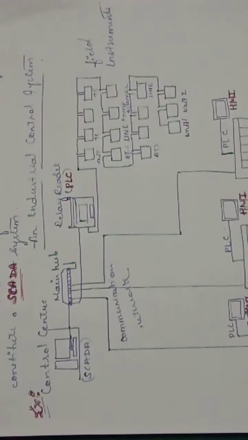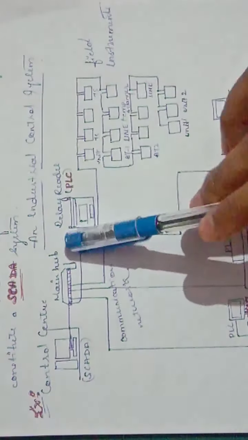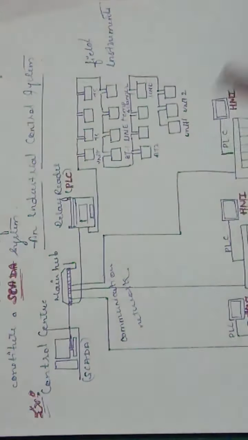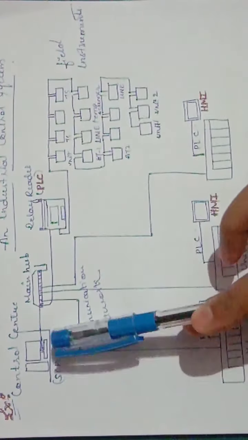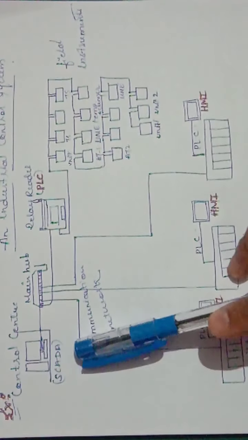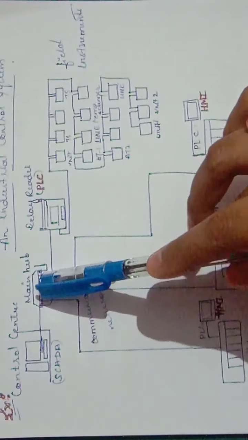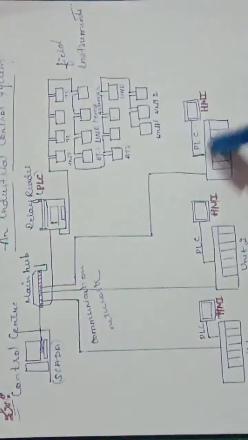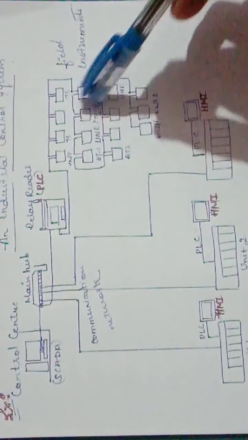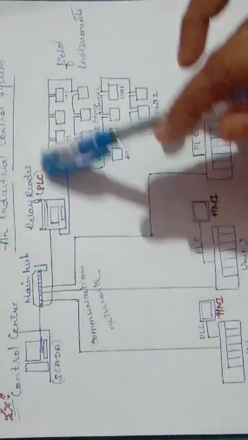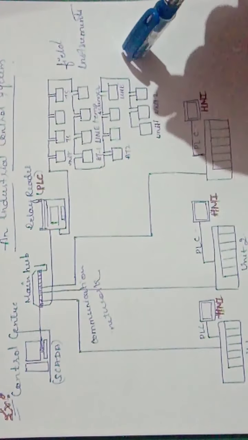So we'll see one example here. This is an industry control system, a small example. Here is the control center and here is where the SCADA works. You'll have a main hub and a lot of hardware components like sensors and actuators, which are all together called field instruments.